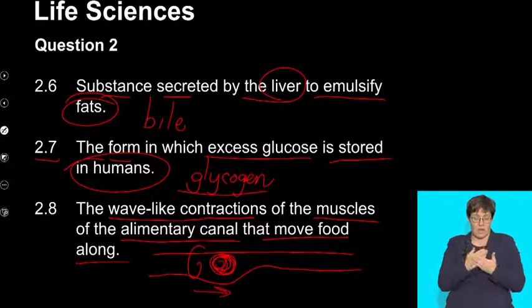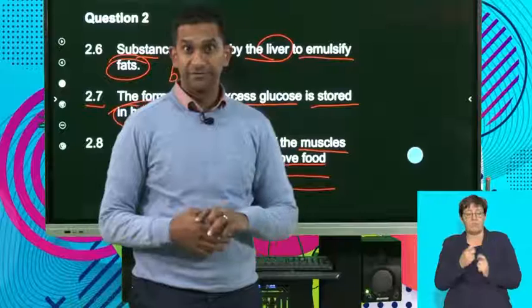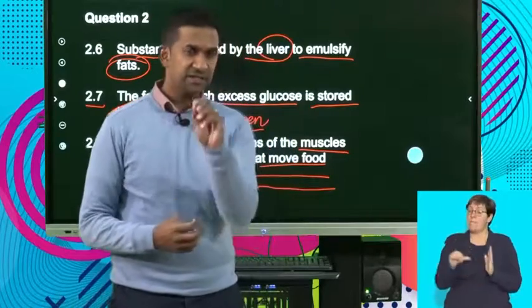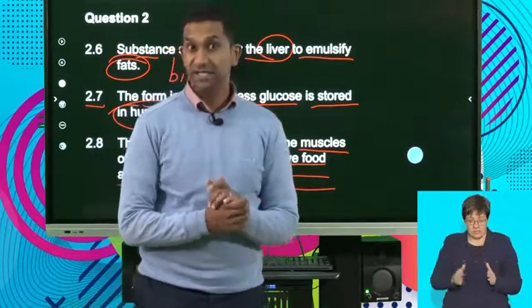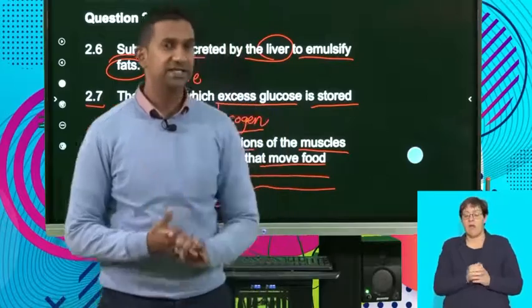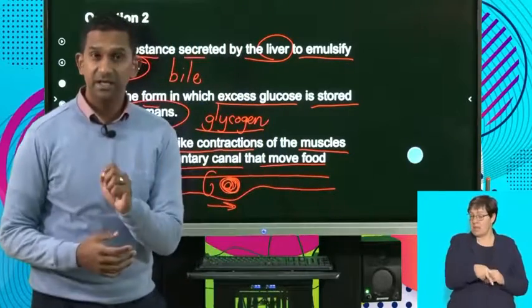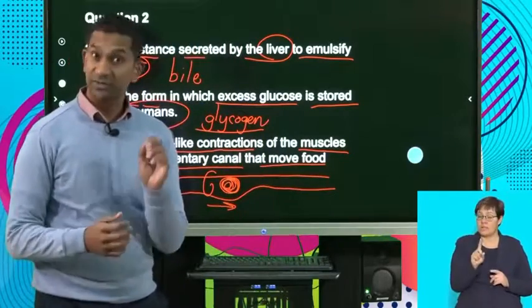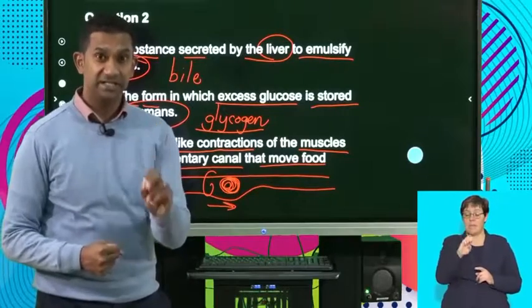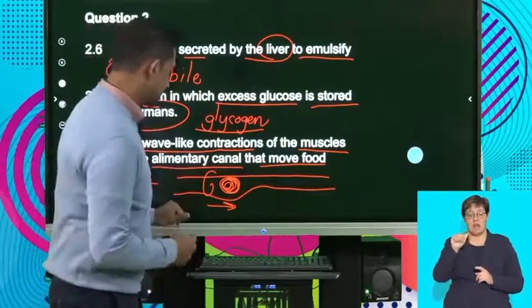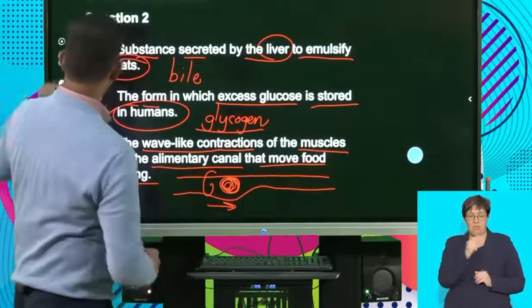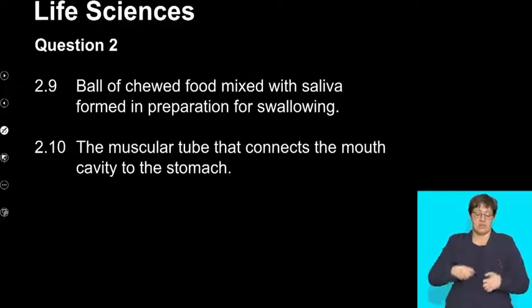And that muscular contraction again refers to the term that is fundamental to moving food along the digestive system. And if you recollect, it starts with the letter P, and we refer to that term as peristalsis. So peristalsis is what propels food along the digestive system.